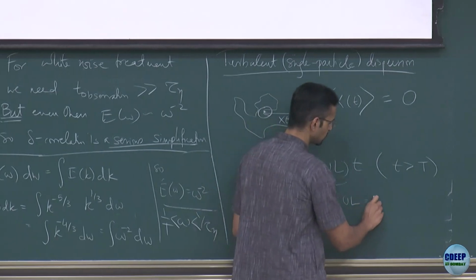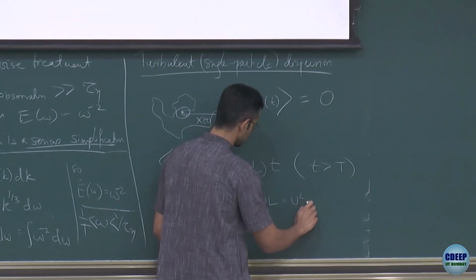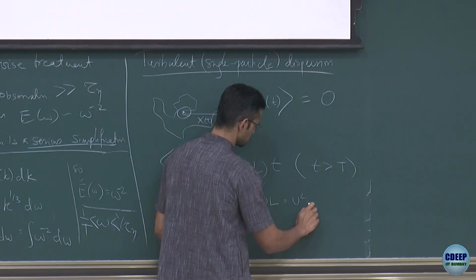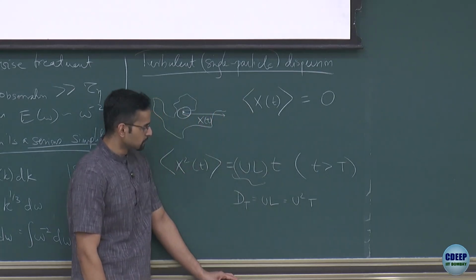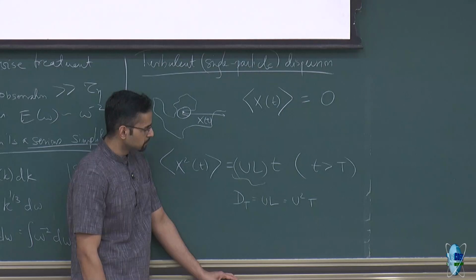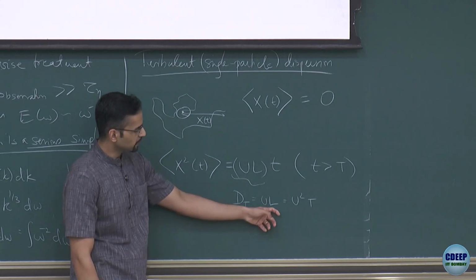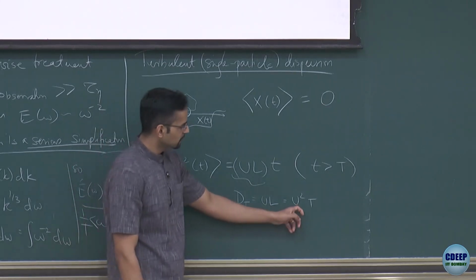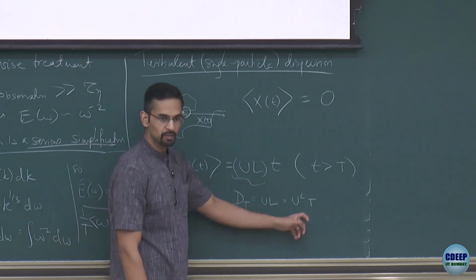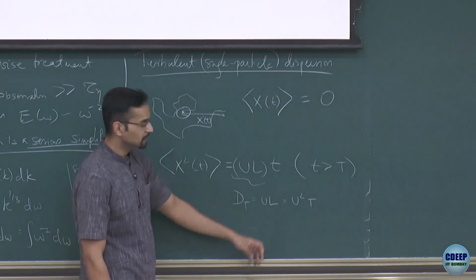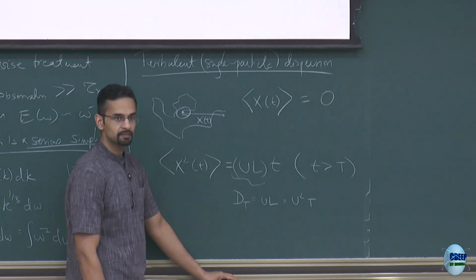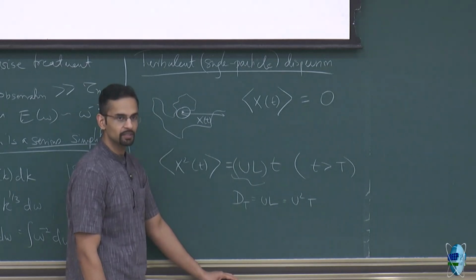So that's U into L, or the same as U square times T. This is meter square per second, and this is meter square per second square into second. That's like saying L is u into t.